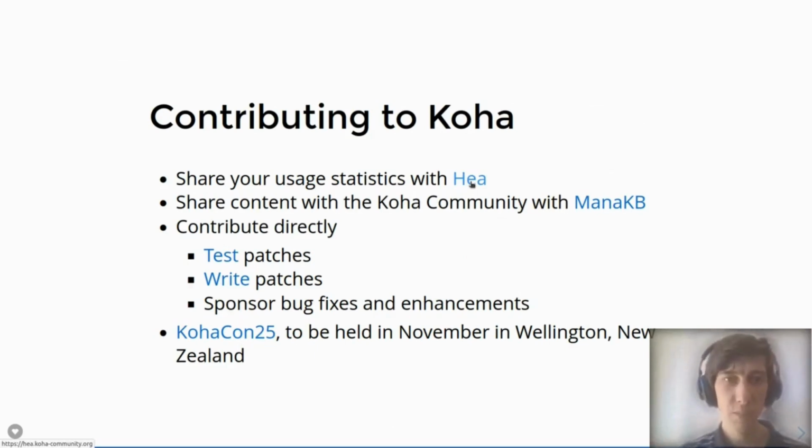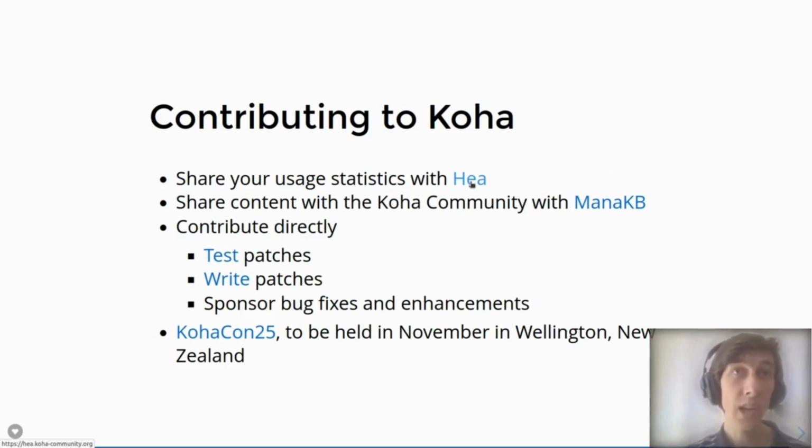Another thing you can do is share content with the community through something called ManaKB, which is another online database. In this situation, content would be things like SQL reports or serial numbering patterns. What you can do is share the SQL reports that your library has written with other libraries in the community, and then you can download things like SQL reports and numbering patterns that others in the community have created.